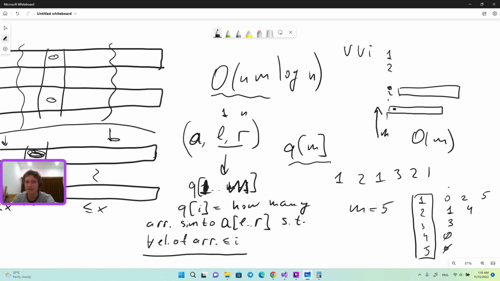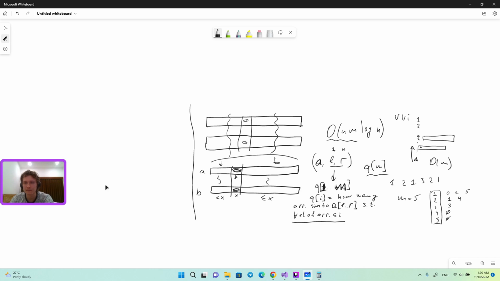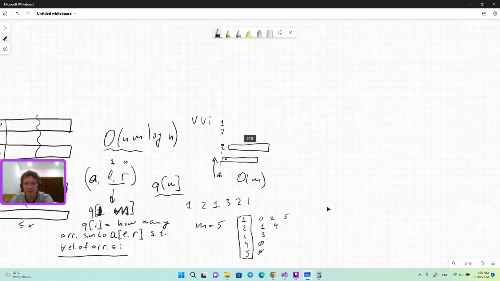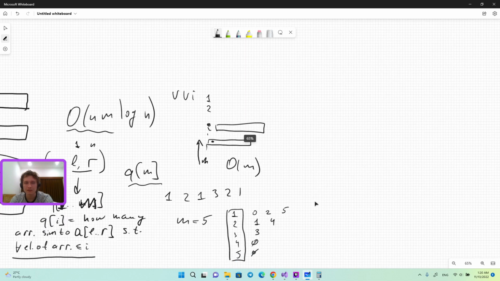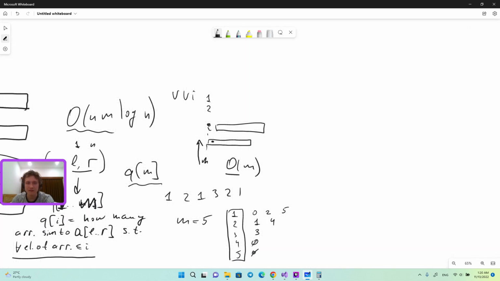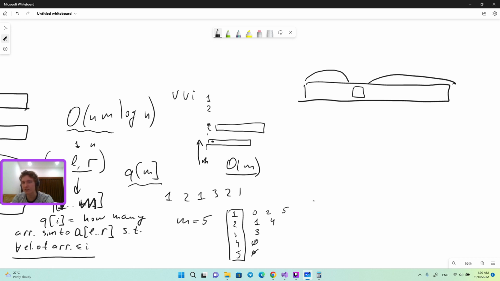This is the leftmost maximum of this array. What do I do next? So I spent O of m time, and now I know the maximum number in this array. Then I need to run this procedure for these two subarrays.